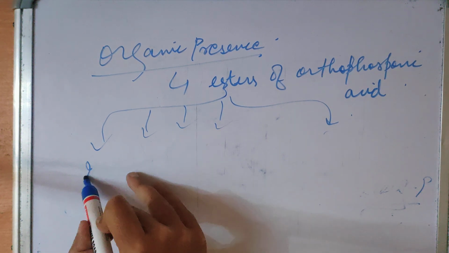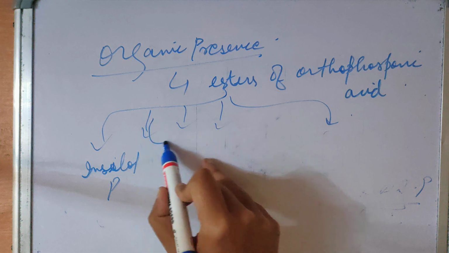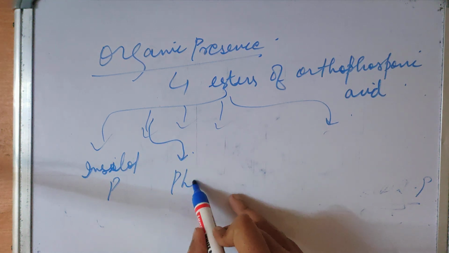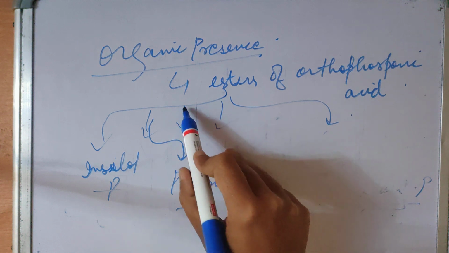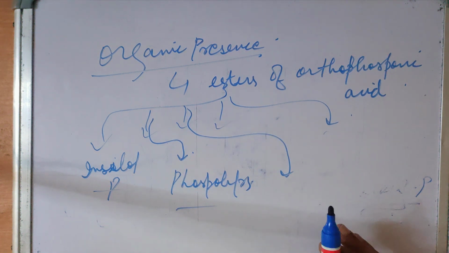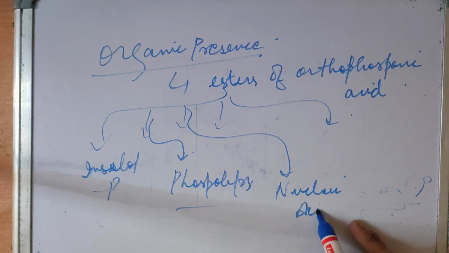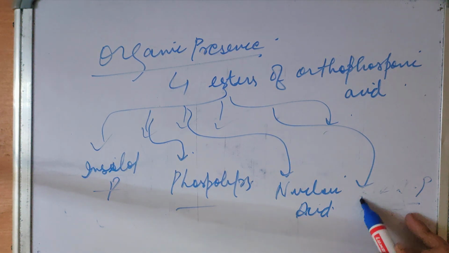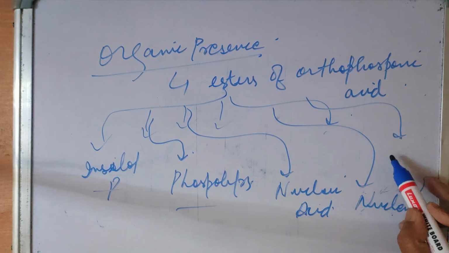The first one is inositol phosphate, the second one is phospholipids. We all know these are the types of esters, so we just add phosphorus to it. Nucleic acid, the nucleic acid of phosphorus. Then we know about nucleotides, and lastly we have sugar phosphates.